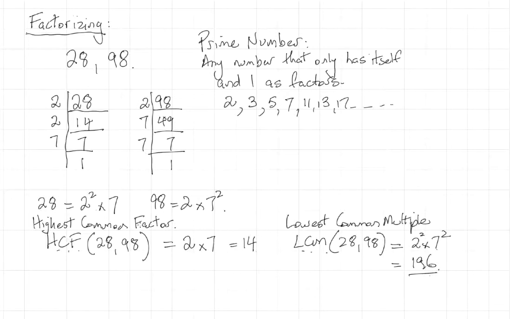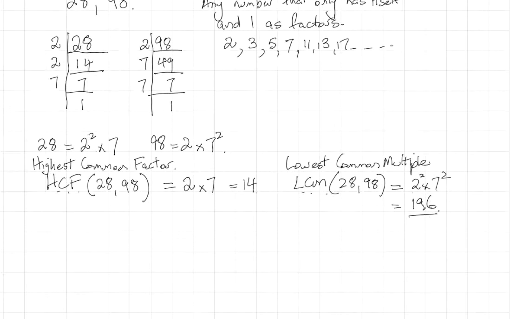How do we use the highest common factor and the lowest common multiple? If we had, say, 28 over 98 as a fraction and we were trying to cancel it down, we'd be looking for the largest number that goes in. That's the highest common factor.